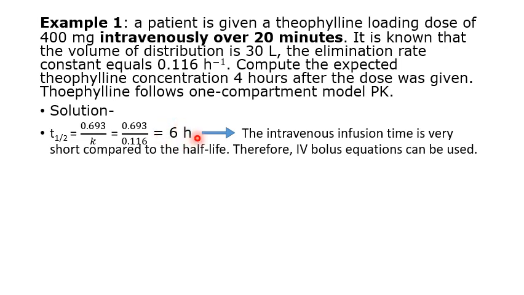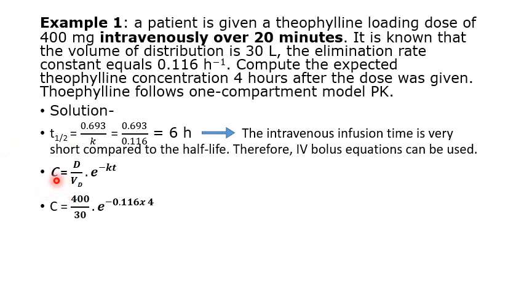is large compared to the infusion time, and then the drug loss or the drug elimination within the infusion time will be very small, and we can neglect this small amount of eliminated drug during the infusion time and consider that the drug was administered by IV bolus process, and then we can use the IV bolus equation for the calculation of a plasma concentration as follows.